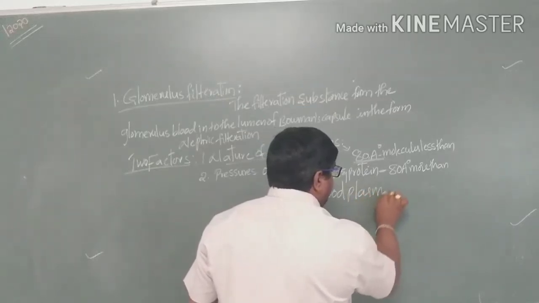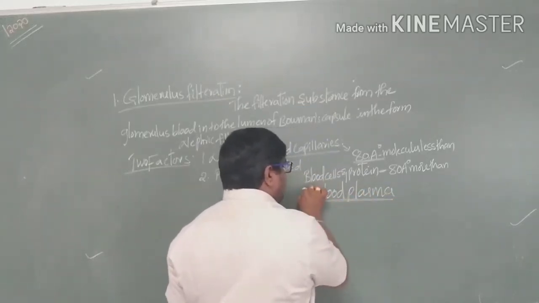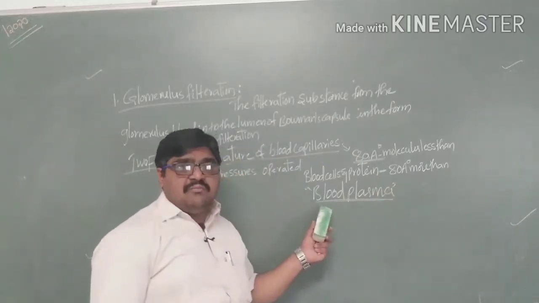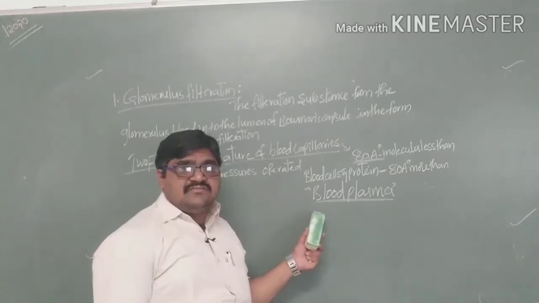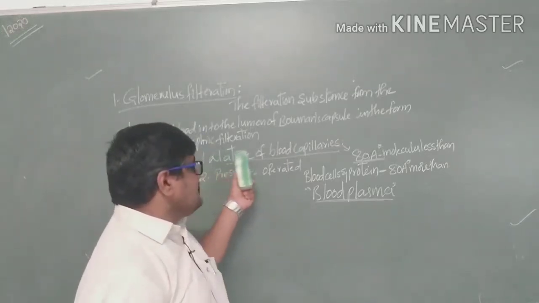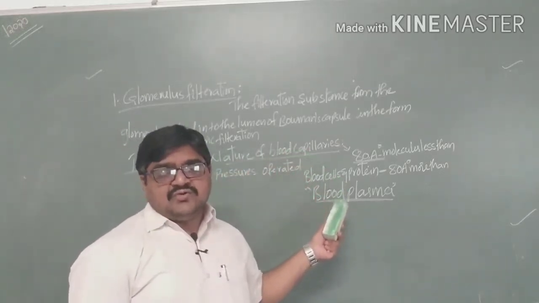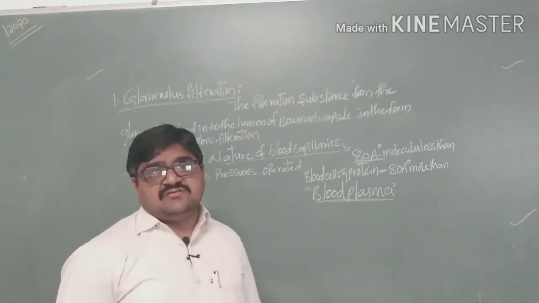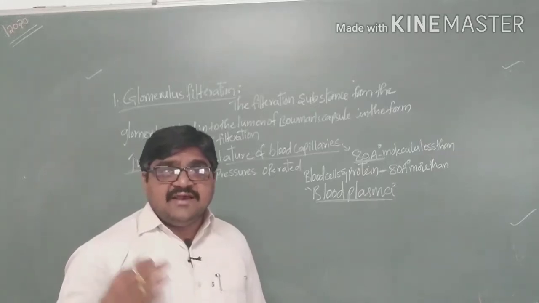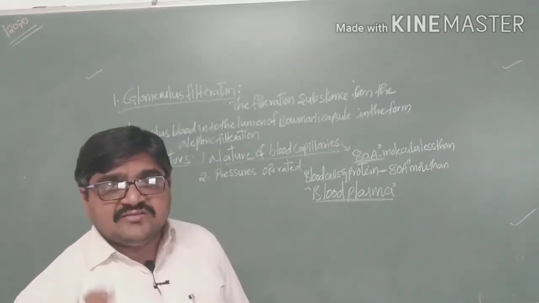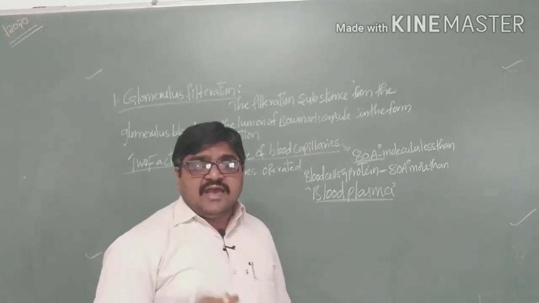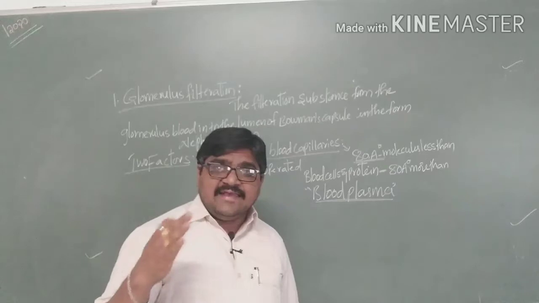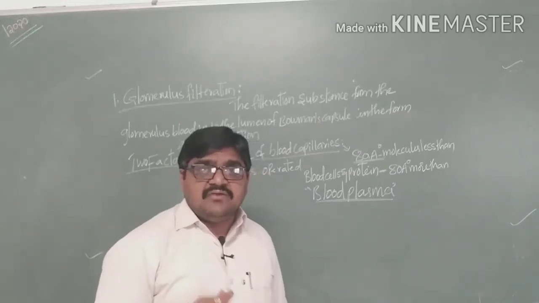Why? Because blood plasma contains the same components as are present in the filtrate of Bowman's capsule. That filtration is helped by the nature of blood capillaries. Molecules less than 80 Angstrom units are filtered, and the blood cells and proteins, which are more than 80 Angstrom units, are not filtered.